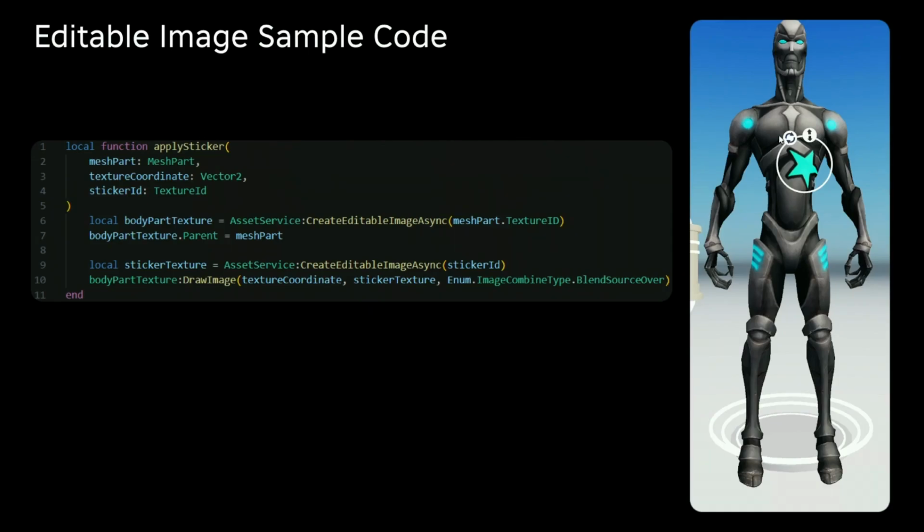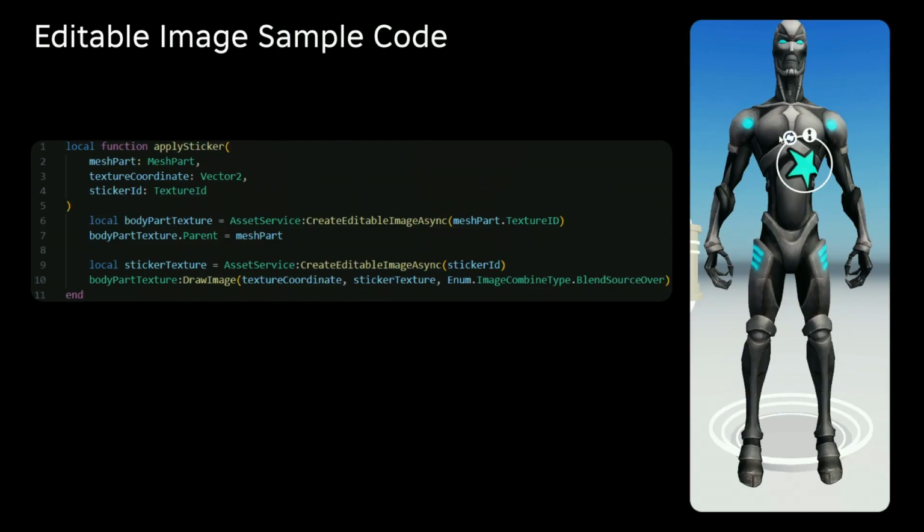So first, we would create an editable image async, which basically gives us the editable image for the texture of the body part. We simply parent it under the mesh part. Then we create another editable image for the sticker. We pass in the sticker ID into this. Now we have two editable images.